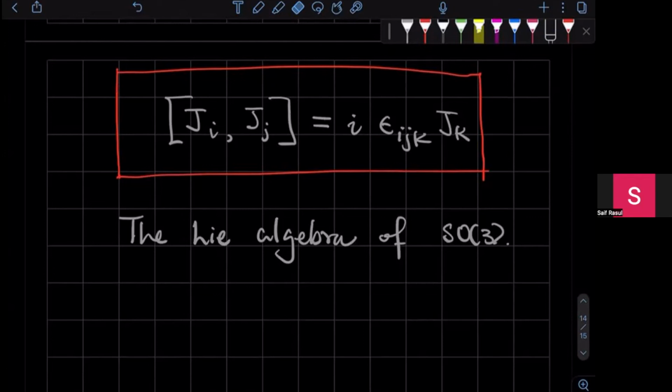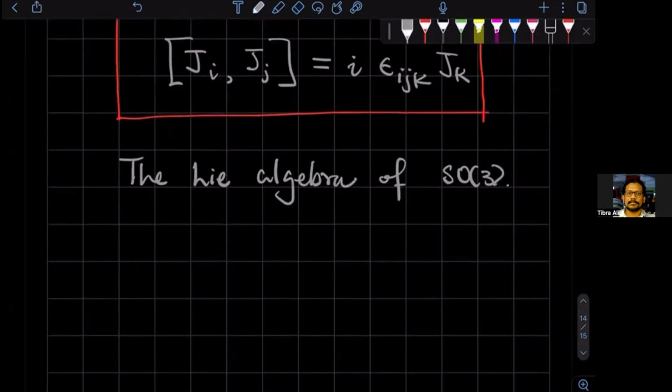Yeah. Are x1, x2, and x3 related to the Pauli matrices? They are related. Yes. The J's are more closely related to the Pauli matrices than the X's. I mean, you can express this now in terms of, say, X's, right?